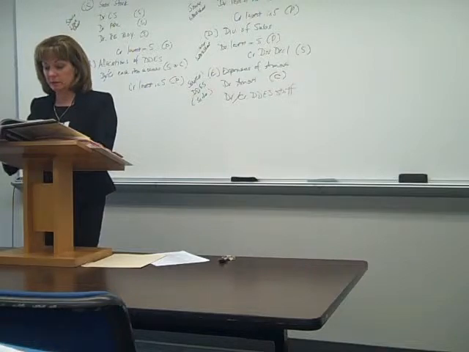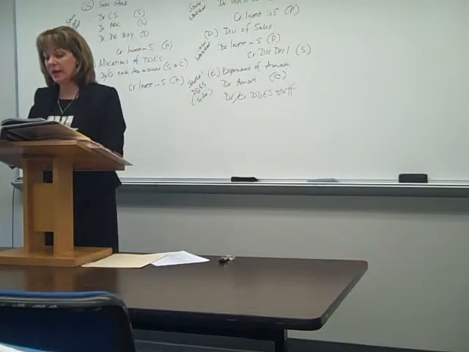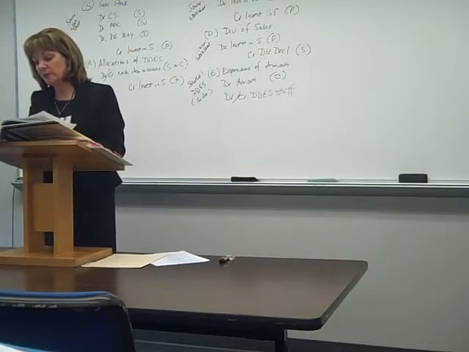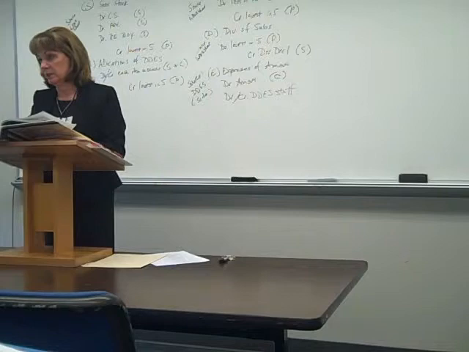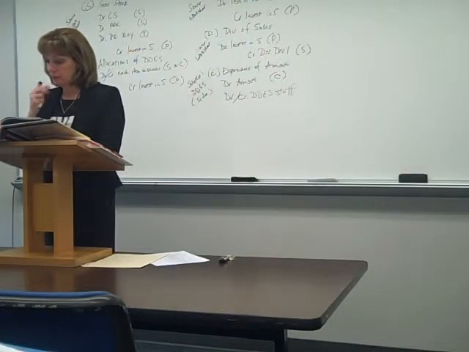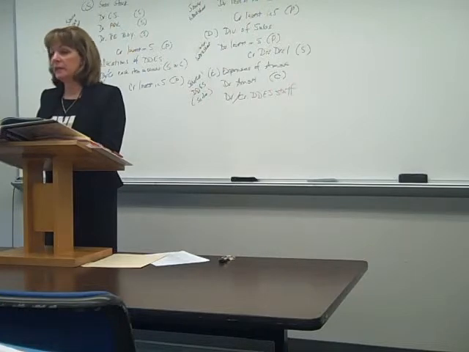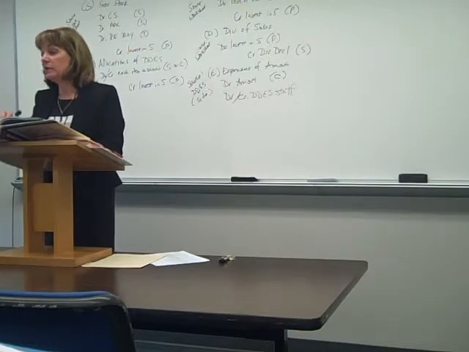Got it? Questions? And then you add it down again. It's a double underline. Add it down. 840 plus 693 minus 120 equals 1,413,000. So far, so good. And so that's ending retained earnings. You double underline it and you put it below in the balance sheet. 1,413,000. Got it?